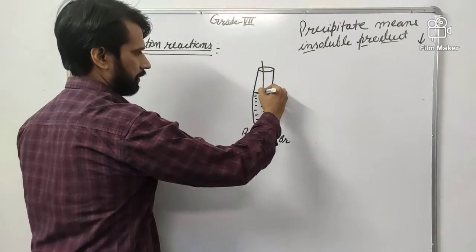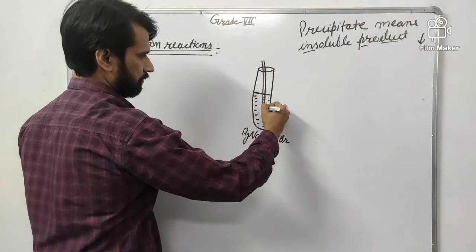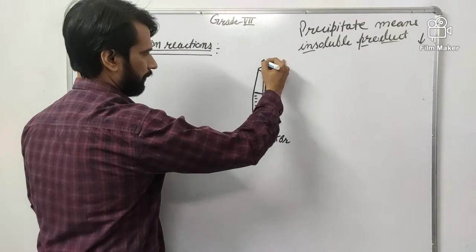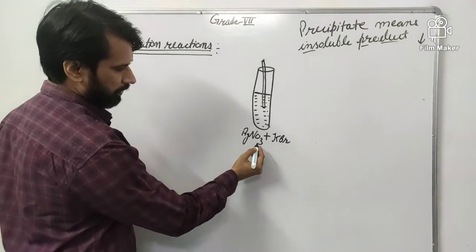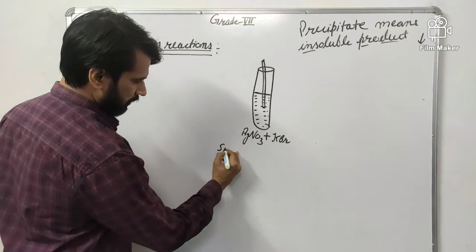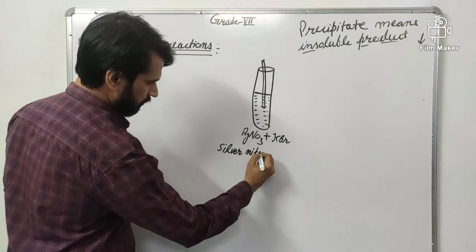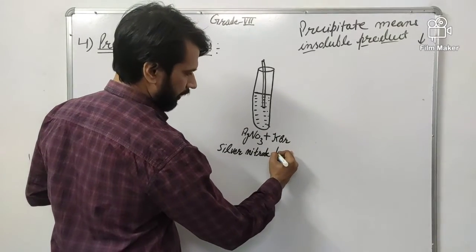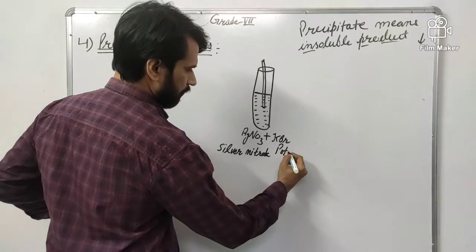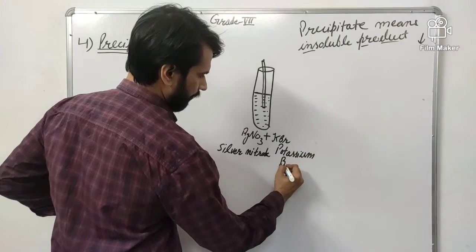You have to stir it continuously with a stirrer. What happened in this test tube? There are two reactants, two salts. One is AgNO3, which is silver nitrate. Second is KBr, which is potassium bromide.